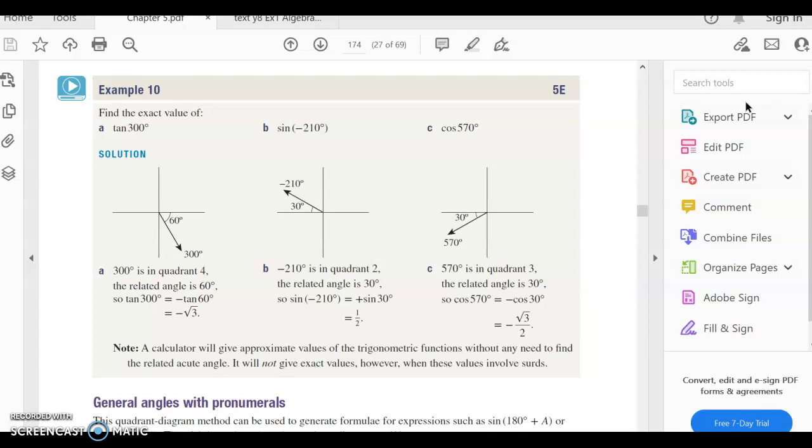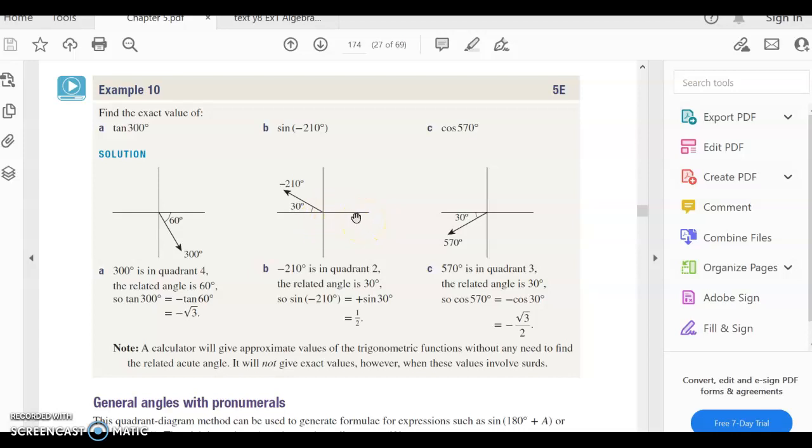Now, something I wanted to have a look at right now was part B up here of example 10 that says sine of minus 210 degrees. We haven't looked at a negative that is bigger than 90 degrees before, so I thought that might be a nice one for you to have a look at. So remember the minus sign in there is telling us that the angle is going backwards. Instead of going anti-clockwise, it's actually going to be going clockwise, going down from our first quadrant X coordinate line.